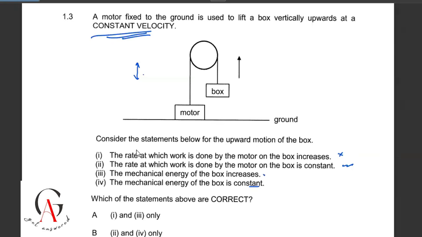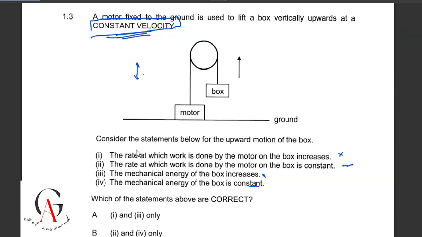Since the velocity is constant, we know that our change in kinetic energy is going to be 0, meaning that the work done should be maintained to only the potential energy. So mechanical energy increases.